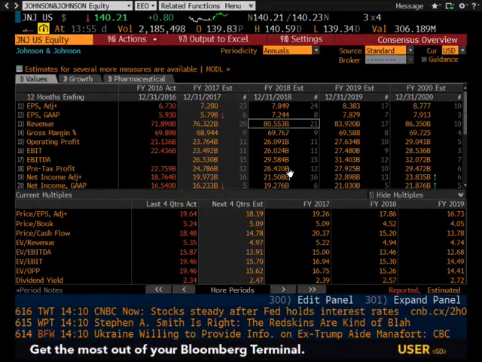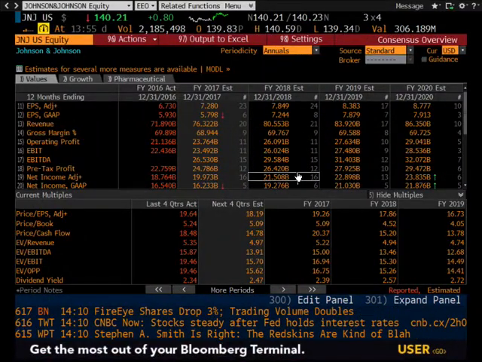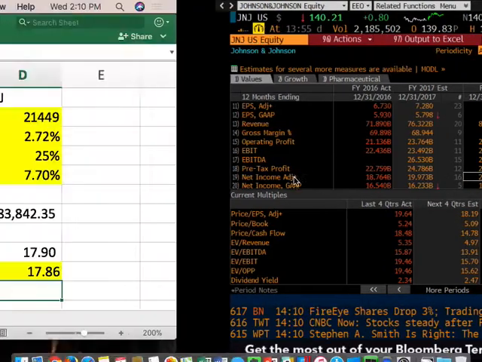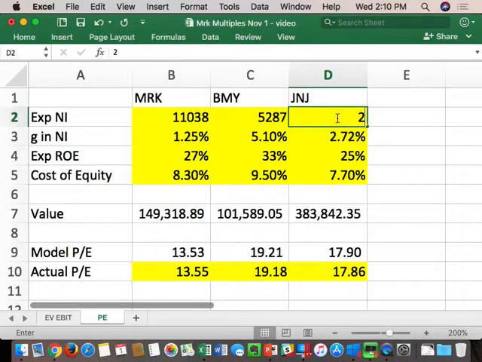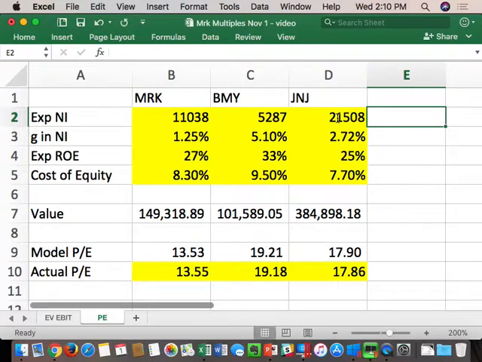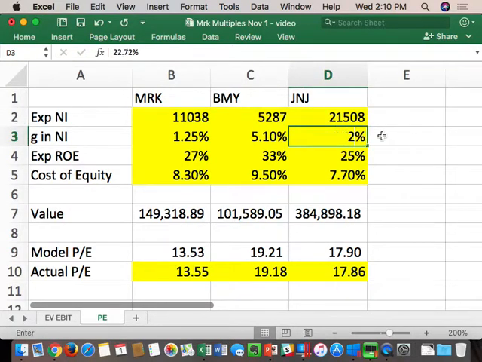Net income for 2018 adjusted is 21,508. So we're probably looking at a G of 2.7. Didn't really change that much.